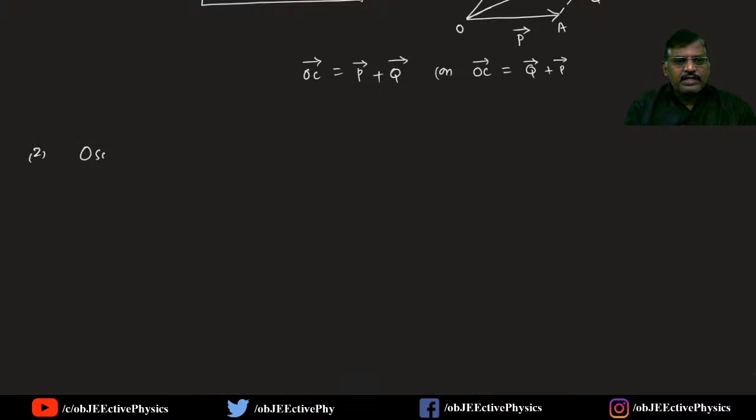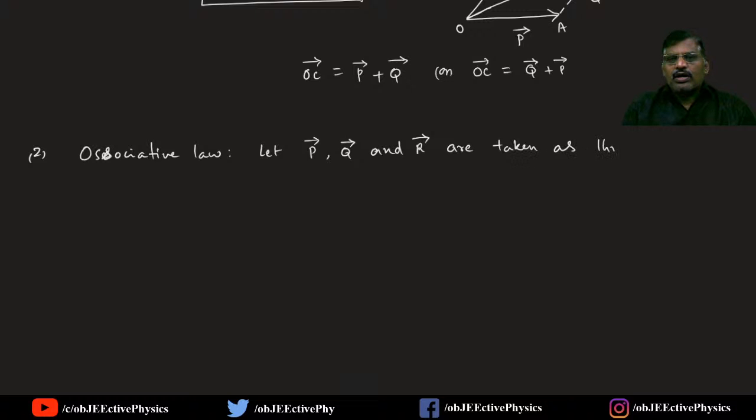Second one is associative law. Same, let P bar, Q bar and R bar be taken as three vectors.